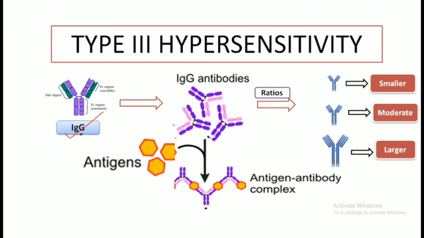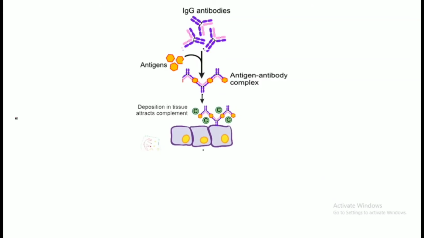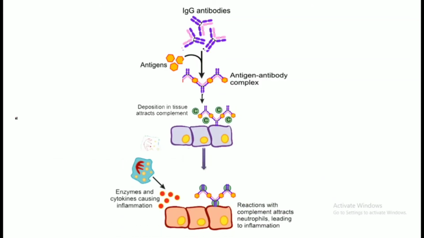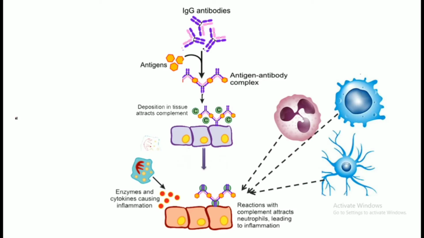Accordingly, only moderate size complexes trigger this type of hypersensitivity reaction, because large size particles cannot go inside the bloodstream, and smaller complexes cannot bind to the endothelial lining of the vascular tissues, and so cannot cause much trouble. These antigen-antibody complexes activate the complement system, giving rise to an inflammatory response and attraction of different cells like the macrophages, dendritic cells, neutrophils, and T cells to the site of complement activity.